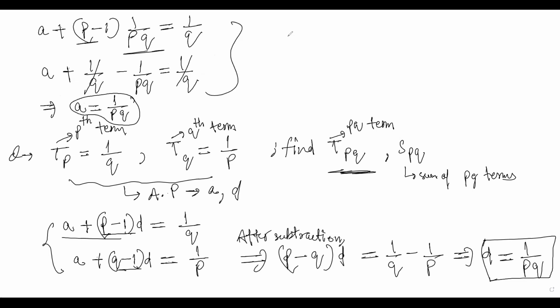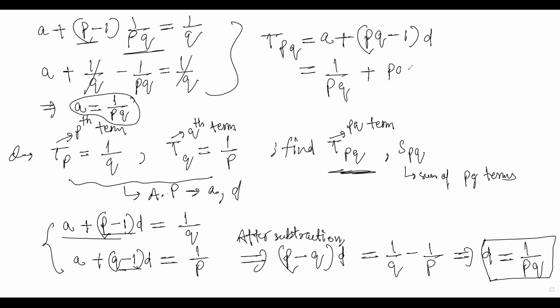What do you need to find? You first need to find TPQ. Oh, sorry. This should be A plus (number of terms minus 1) into D. So this should be 1 by PQ plus (PQ minus 1) into 1 by PQ.